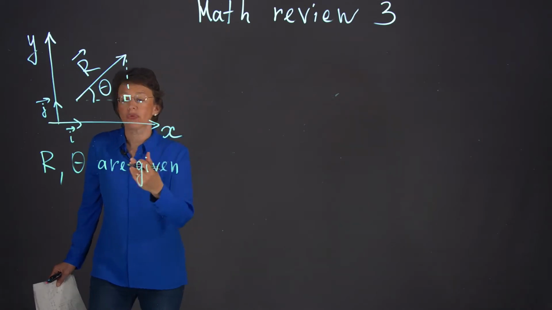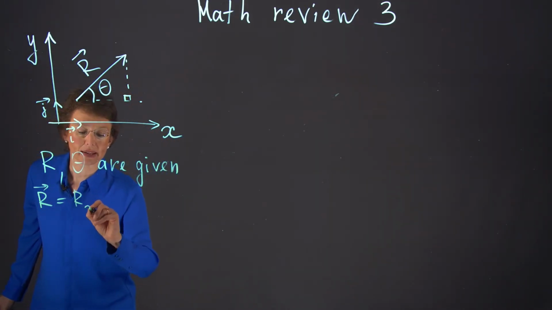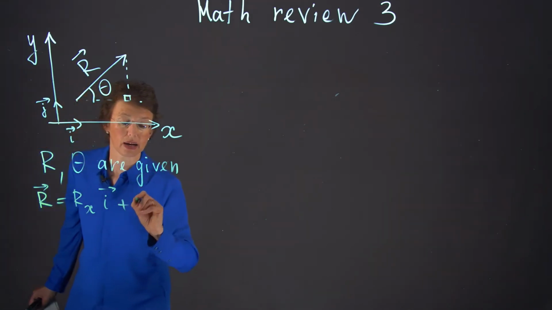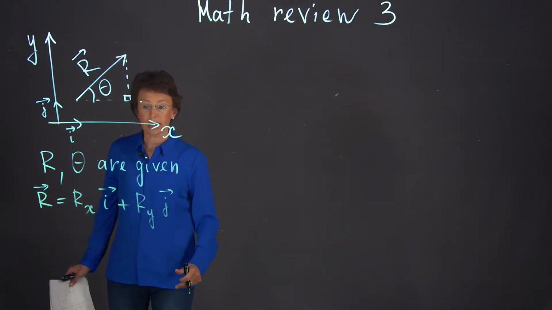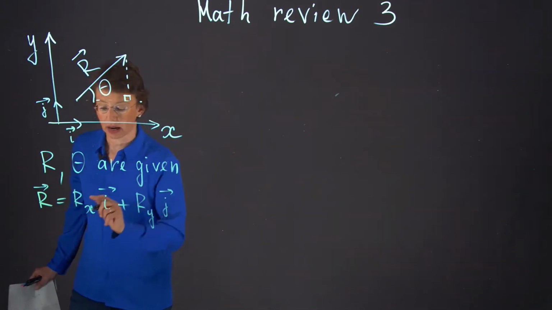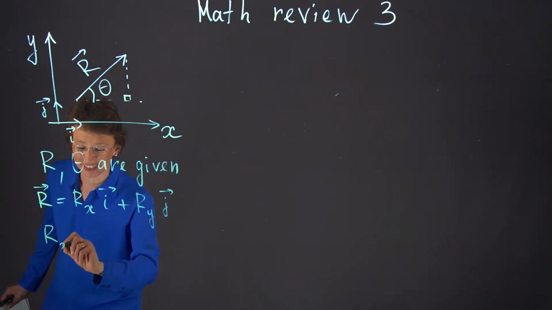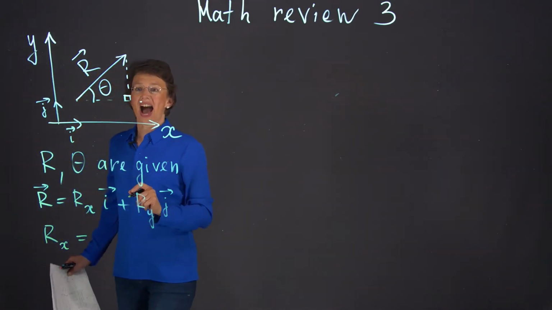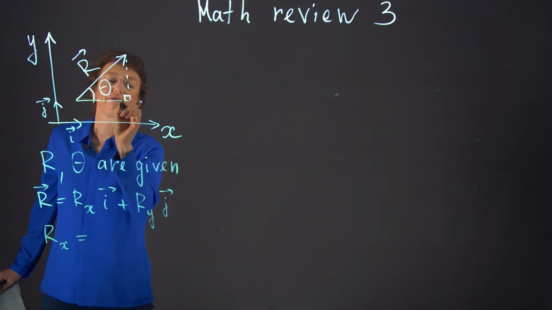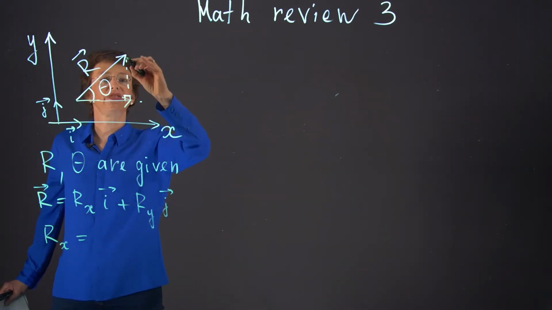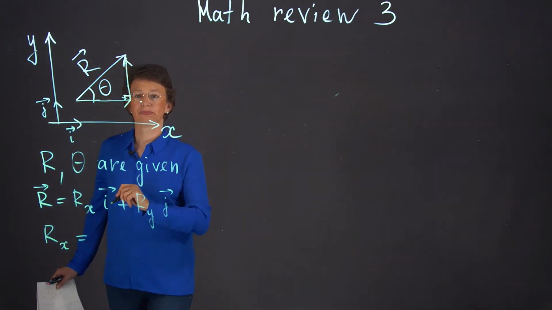Now, I know that any vector could be written as R sub X i plus R sub Y j. The question is, what is R sub X and R sub Y? Since I already have my right triangle that I like, I immediately understand that vector R is a vector sum of this vector plus this vector.